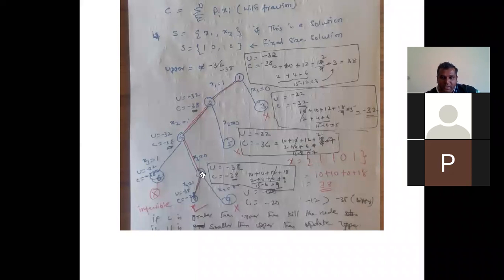So that means in this track we won't get a solution because the C value is greater. Minus 20 means greater. So we are killing that node. Whatever the value of U, that calculation is not shown here.